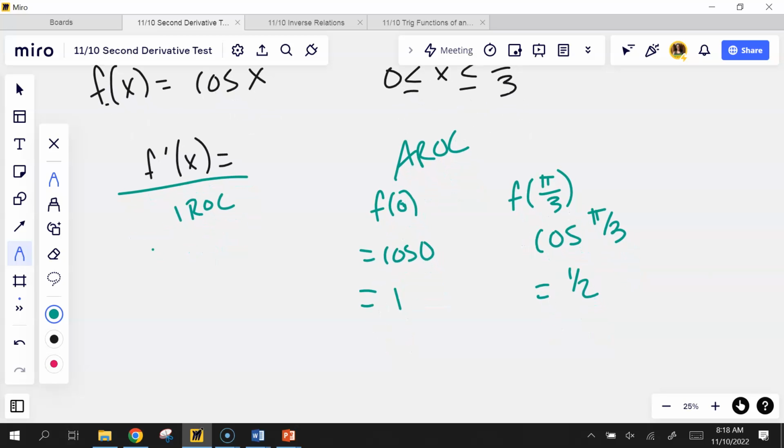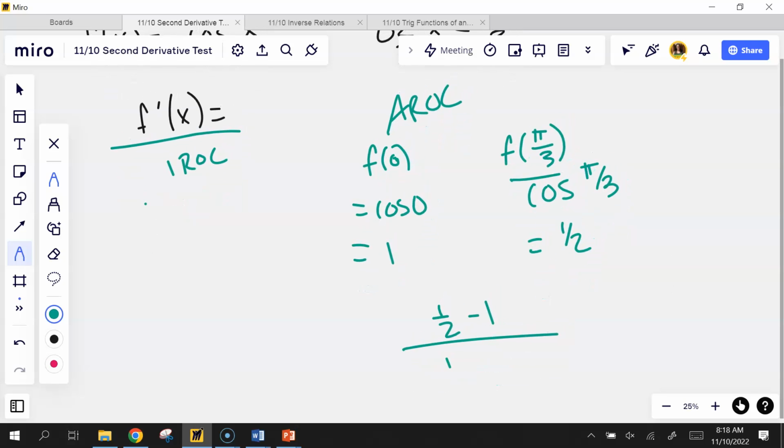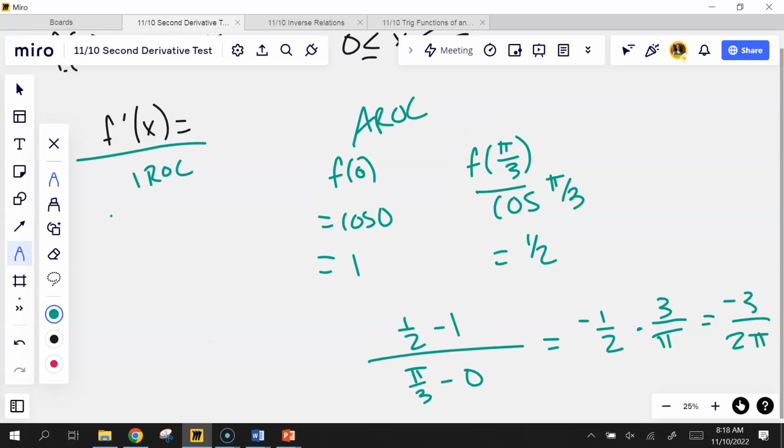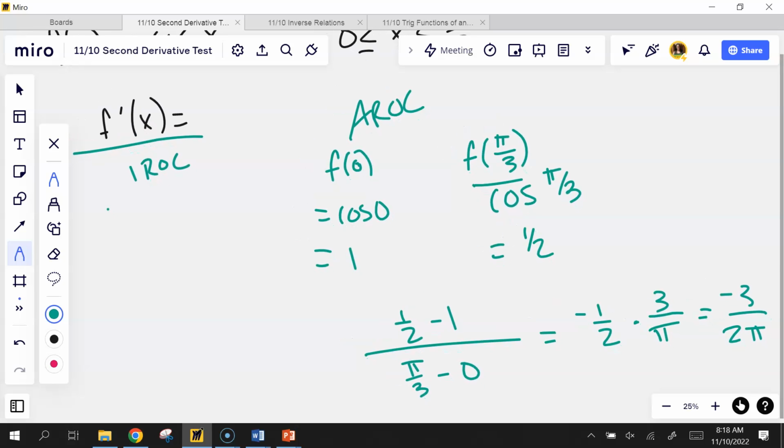So 1/2 minus 1 over pi over 3 minus 0. Negative 1/2, and I'm going to multiply by the reciprocal here, 3 over pi. Negative 3 over 2 pi. That's my average rate of change, so I know that somewhere in the interval that has to equal, is that one of my choices? Yeah, A.